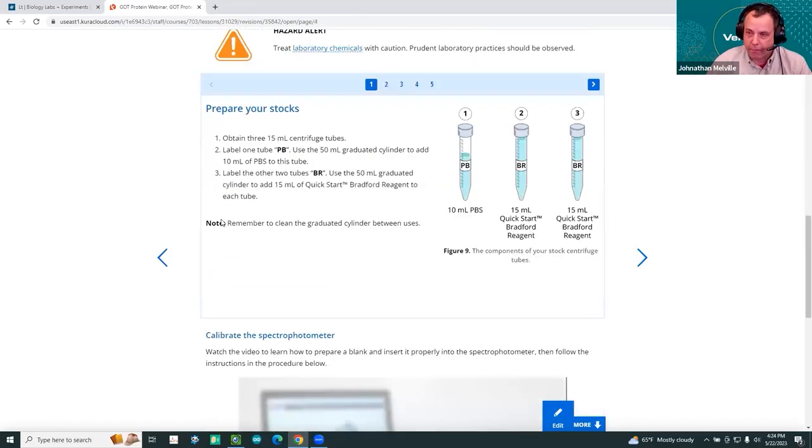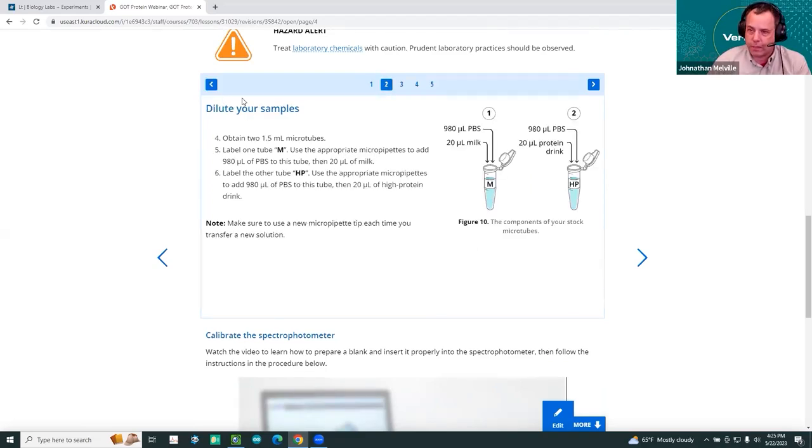What's also terrific about the lab activity is all of the instructions on how to prepare the stocks. This would normally be what you as an instructor would be seeing behind the scenes and doing and prepping for your students. It's all right here. So if you page through these examples, it will tell you how to dilute your samples to make the high protein drink, how to dilute it, how to dilute the milk protein.